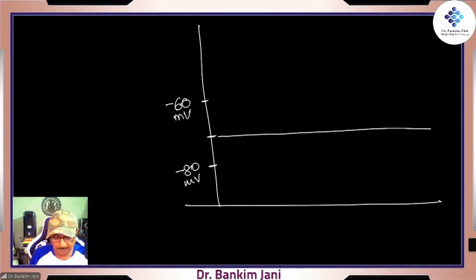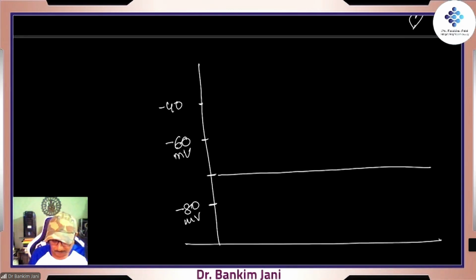This is important. So this is minus 60, minus 80, minus 40 millivolt, and then all the way up. We pick up only the potassium. Right now, we pick up only the potassium. So let's consider this is the resting membrane potential, RMP. And I'm drawing a line over here.